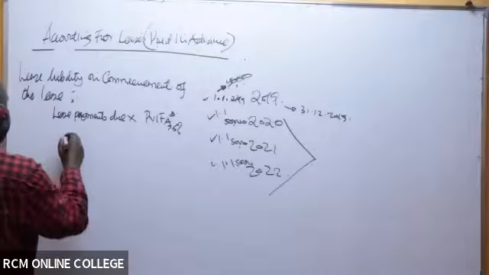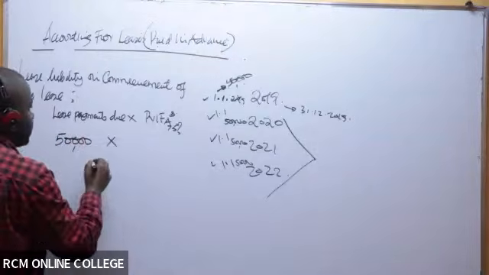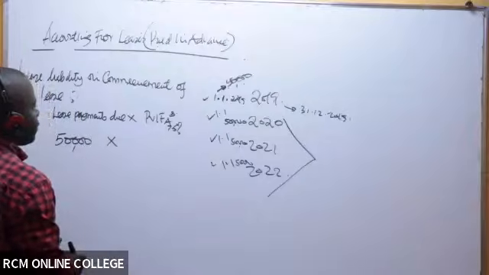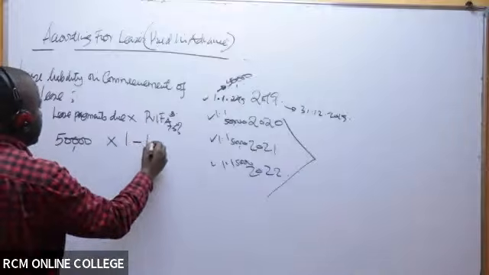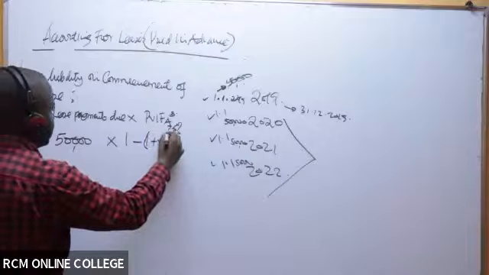So suppose the lease payments here is actually 50,000. You multiply, in this case, by, I hope you can remember how you are getting the present value interest factor of annuity. It was 1 minus (1 plus r) raised to negative n, divided by r.